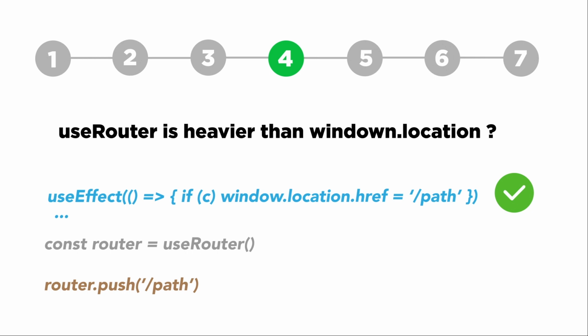As you can see in our instance here, we just use effects, and then we pass the branching. If C, then location, and then update the history. Alternatively, you can also use useRouter, but it's going to make it heavier because you need to run the useEffect inside of useRouter.